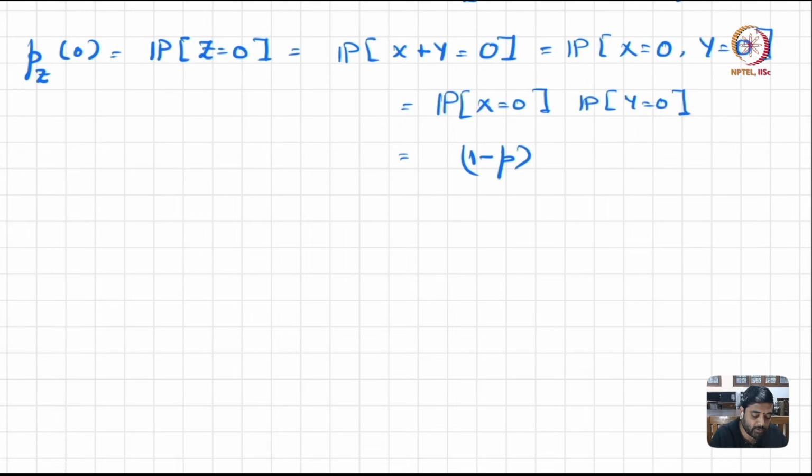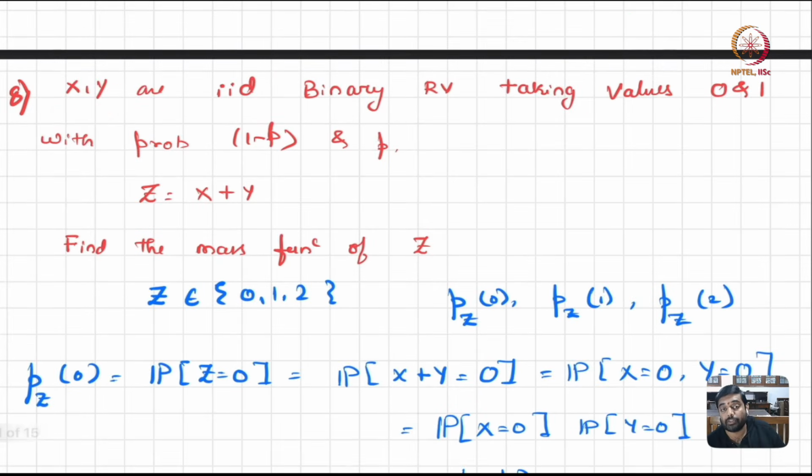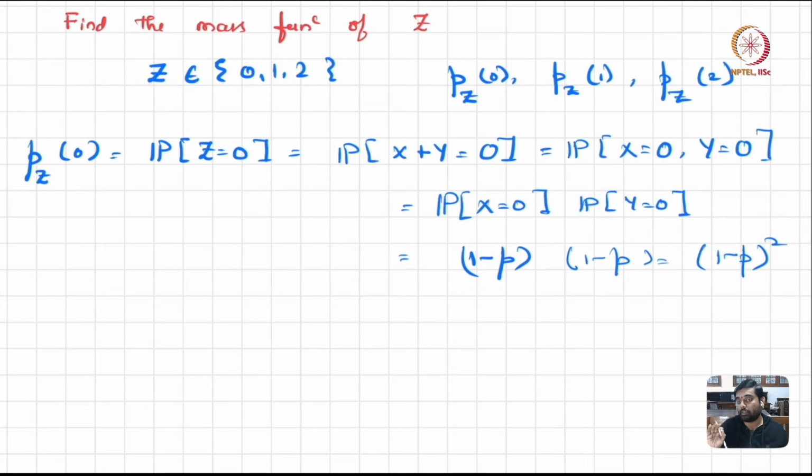Now what is the probability that Y is equal to 0? Since X and Y are identically distributed, Y taking the value 0 is also 1 minus p. This is where I'm using the identical part of it. Previously, from here to here, I used the independent part of it. Now I'm using the identical part of it. This is (1 minus p) whole square. Okay. Now I presume that these minute differences are clear for you.